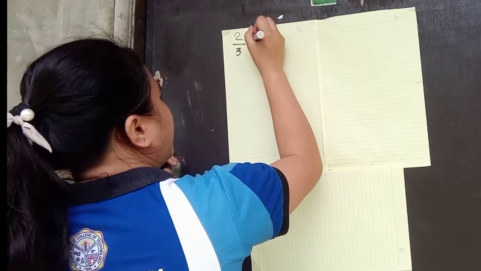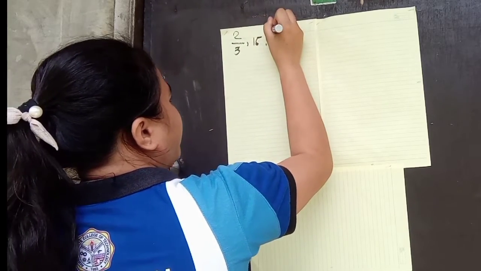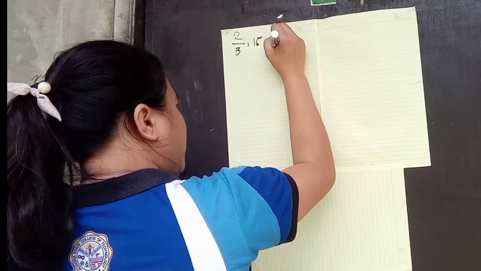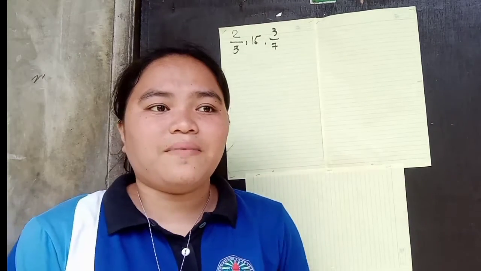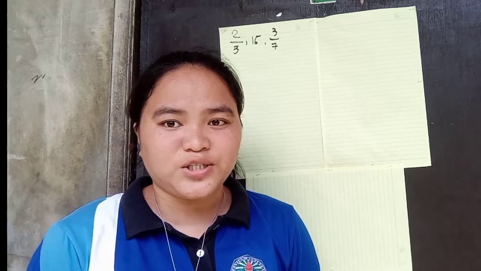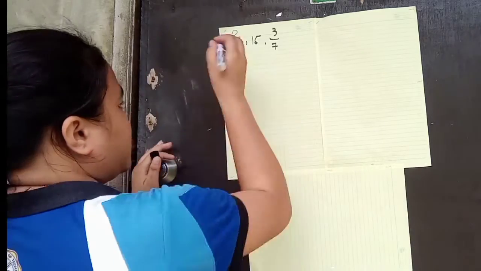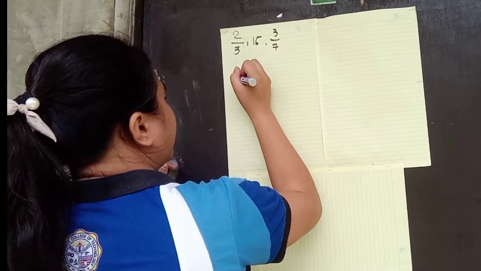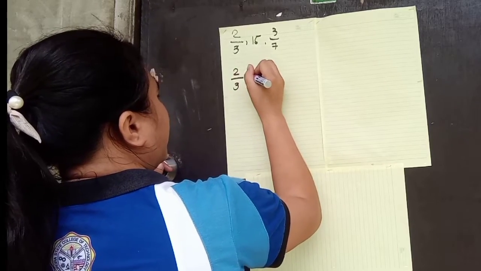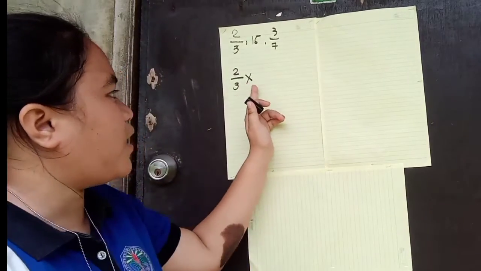Okay, the given number here is 2/3, 15, and 3/7. Now, ang magiging construction po ng ating solution is ganito. So, 2/3 x. Saan po natin nakuha yung x?